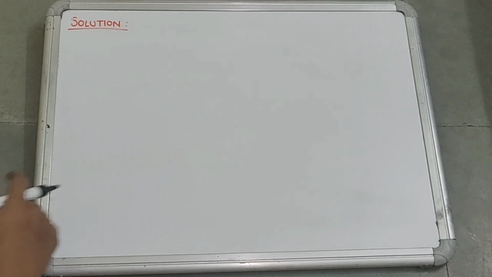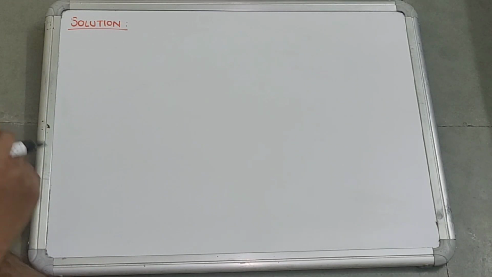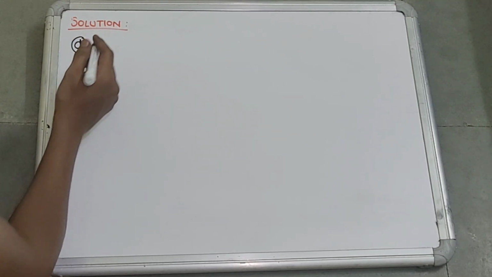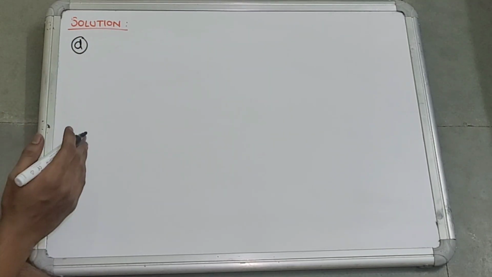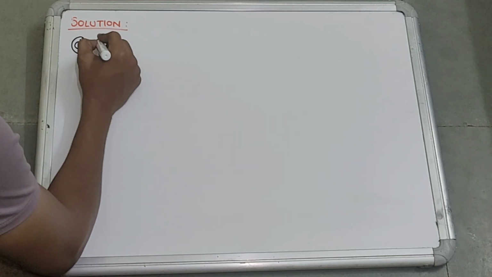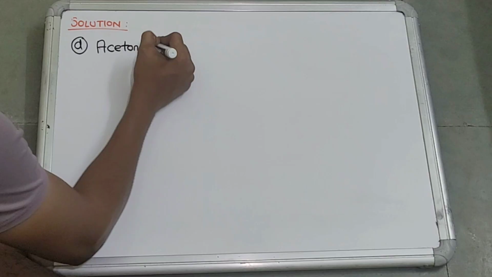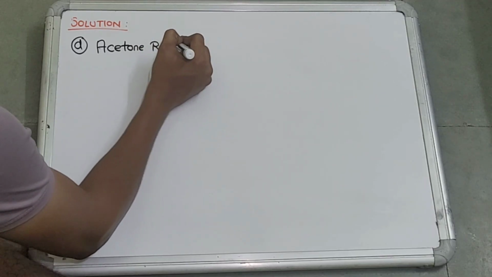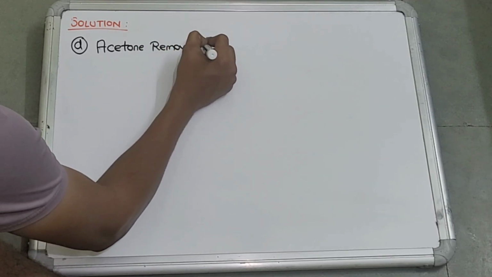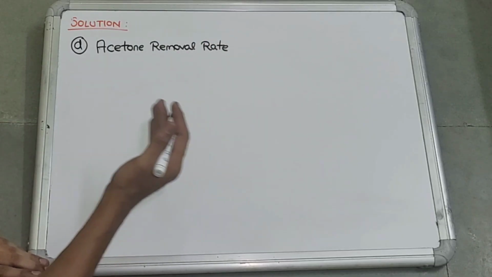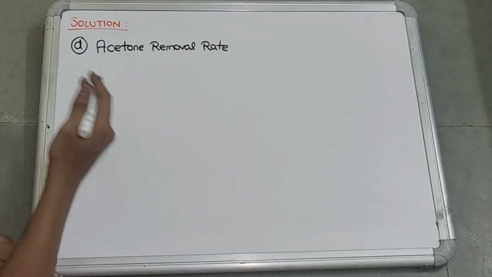So after solving part A, B and C of the question, we will now move to part D. In part D, we need to find acetone removal rate. In order to find acetone removal rate, first of all we need to find molar flux.